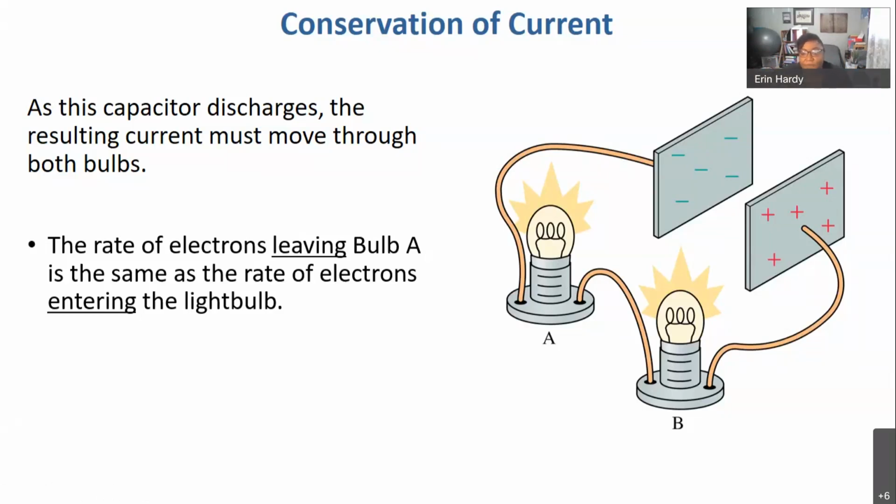So imagine our capacitor 1 second after we close the switch, and imagine how quickly these negative charges would be trying to rearrange themselves throughout this circuit. And then imagine 1 second before these light bulbs shut off, 1 second before the current actually goes all the way to 0.